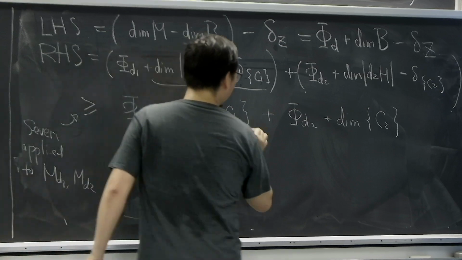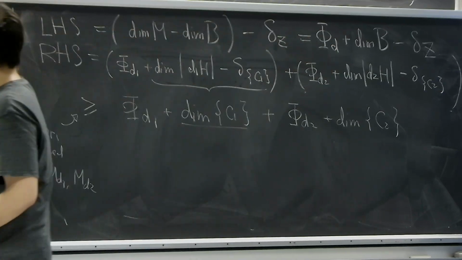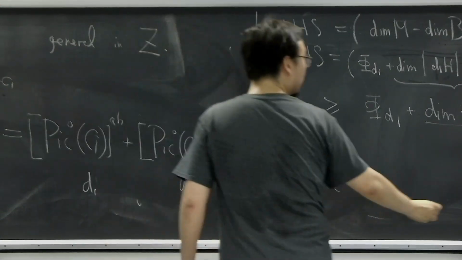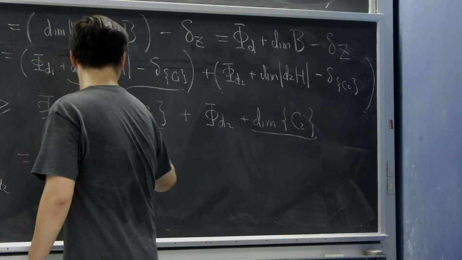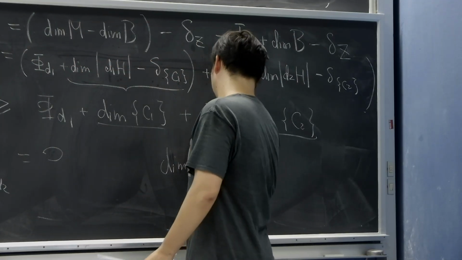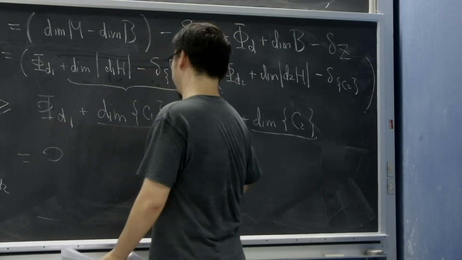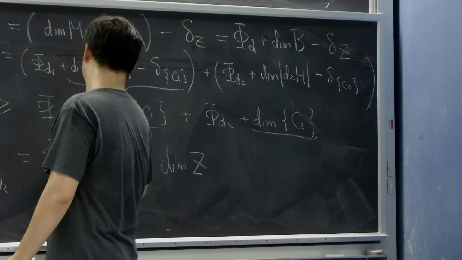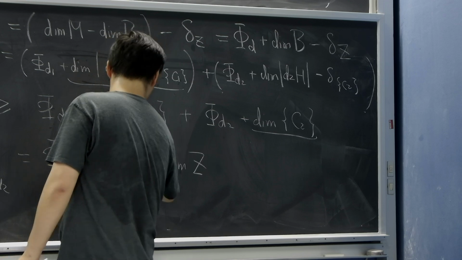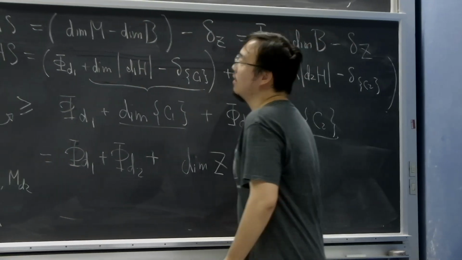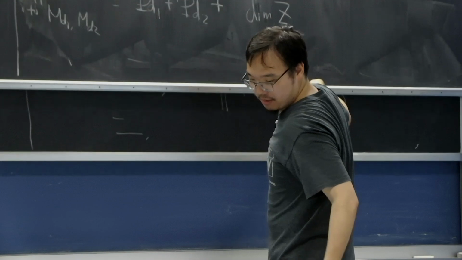And then, since the general point of Z is of this form, the sum of these two terms will just be dimension Z. And then you still have these two terms, phi D1 plus phi D2. Okay, then we are good.